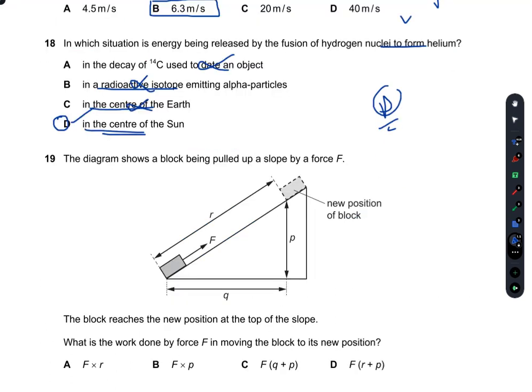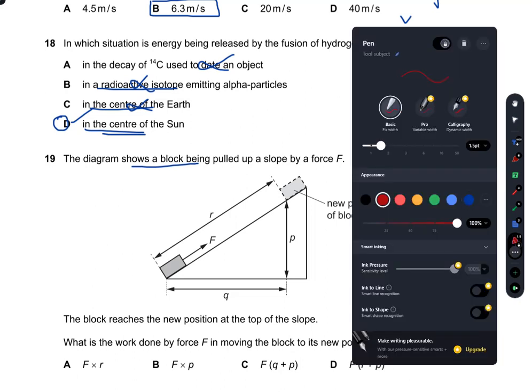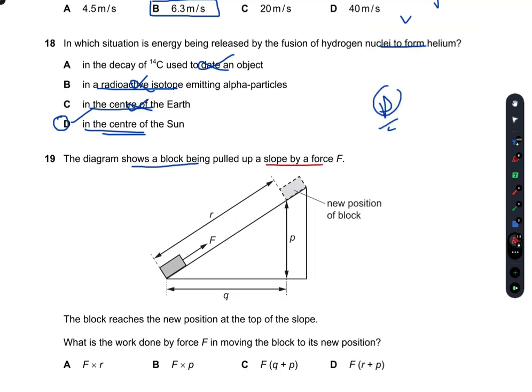The diagram shows a block being pulled up a slope by a force F. So this is a ramp, and this block is moving up on this ramp by a force F. The block reaches the new position at the top of the slope. What is the work done by force F in moving the block to its new position?